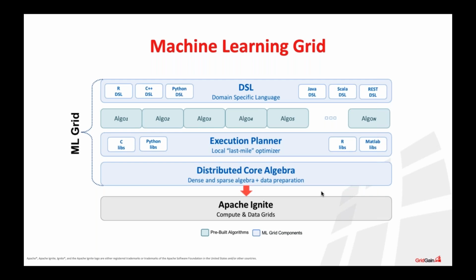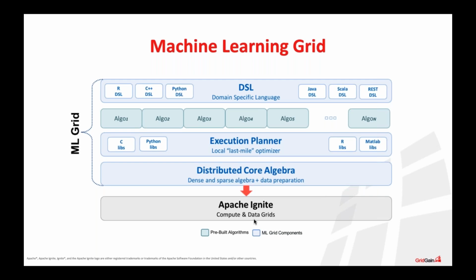Even before that release, it was feasible to use Apache Ignite for machine learning purposes. What you had to do was take the data grid and compute grid and implement your machine learning algorithms.